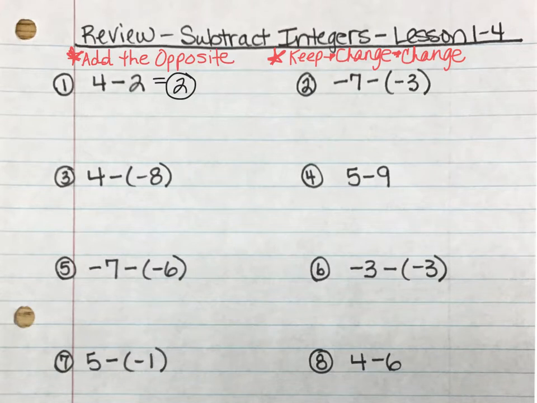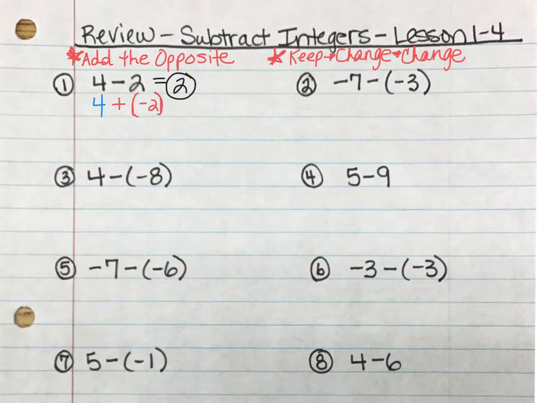If we were going to apply the rules for subtracting integers, what would question 1 look like? Well, we would add the opposite. So we're going to keep the first number. We're going to change the subtraction sign to addition. And then we're going to change the second number, the 2, into its opposite, which is negative 2.